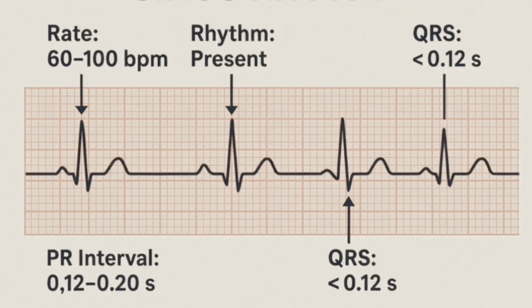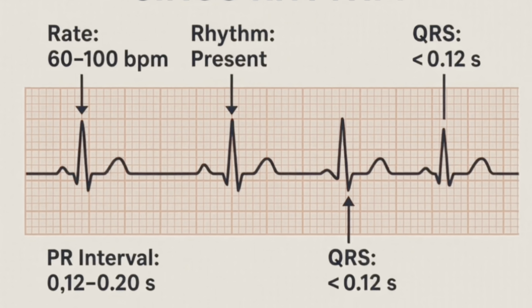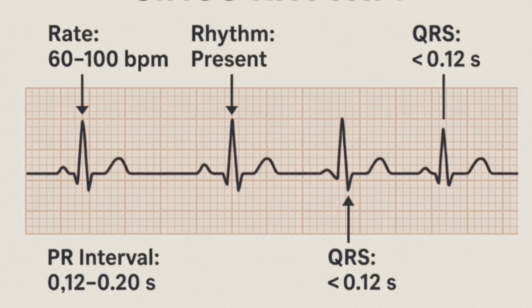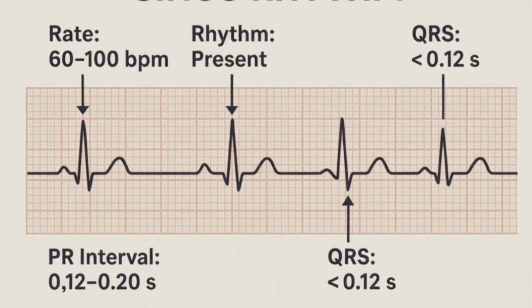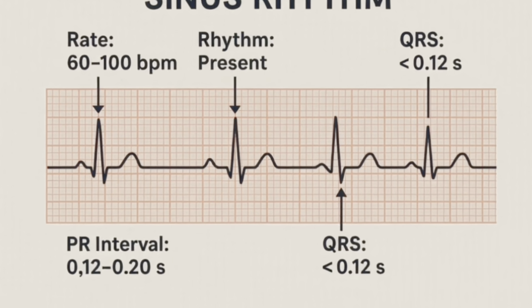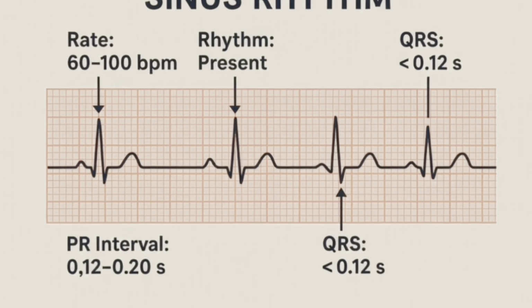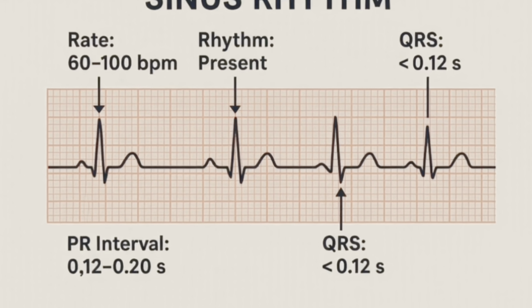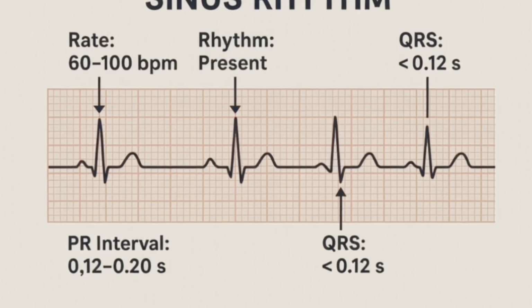You can watch the video linked above, where we explain what small boxes and big boxes are. Then you will move to your QRS, which has to be within 0.12 seconds, which is 3 small boxes.